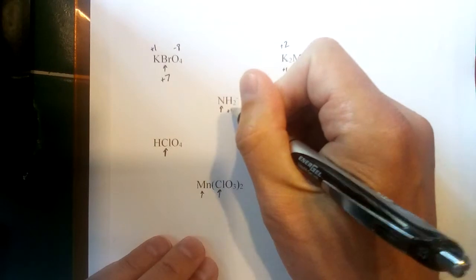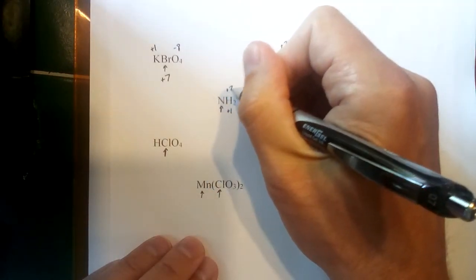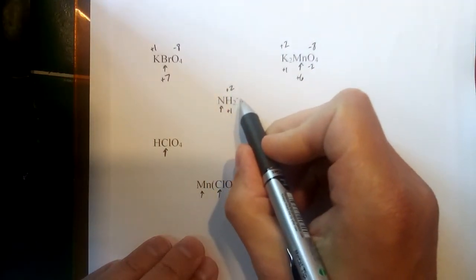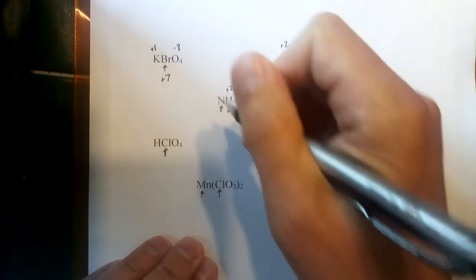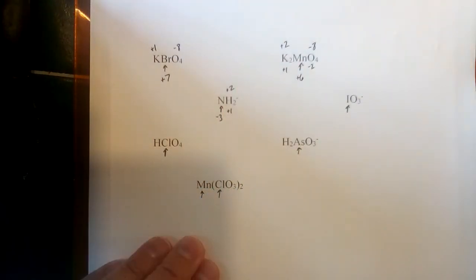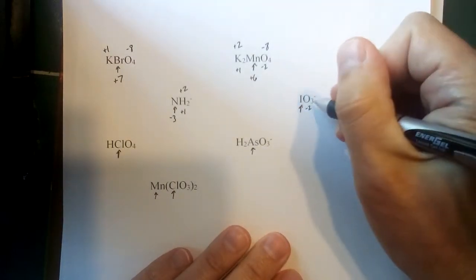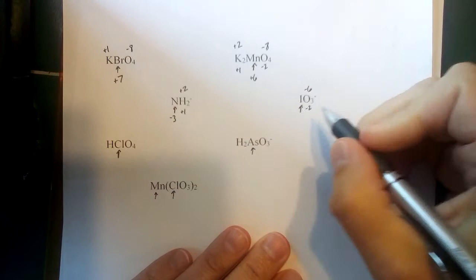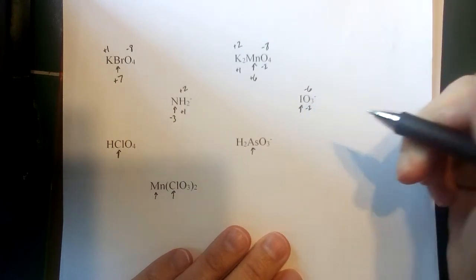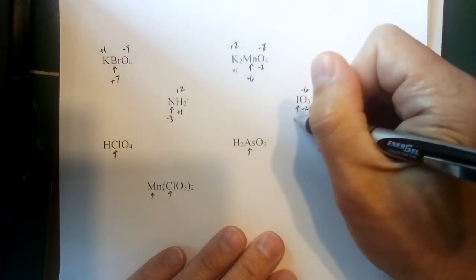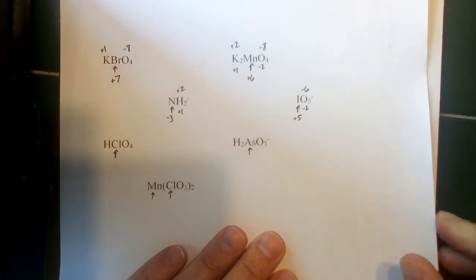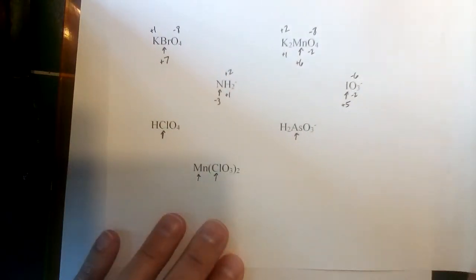2 hydrogens here, each hydrogen gets to be +1, that's a total of +2, but there's a minus on this entire thing, that means the nitrogen is -3. Iodate, oxygen's -2, there's 3 of them, that's -6. Total charge on the ion is -1, so the iodine here would have to be +5.